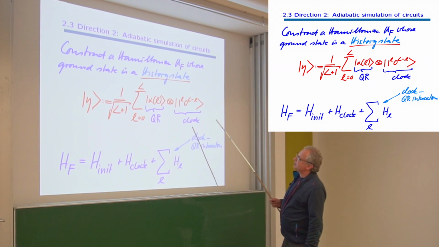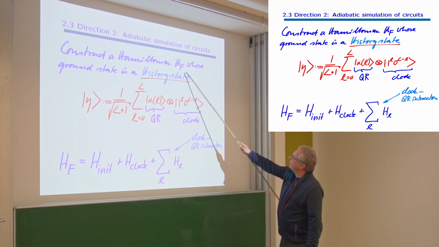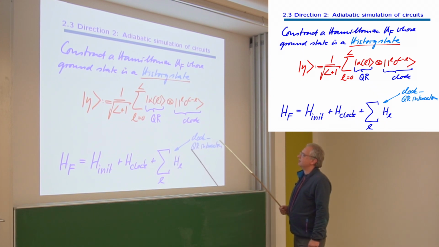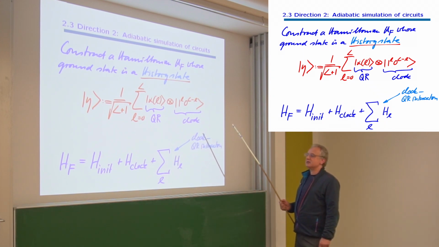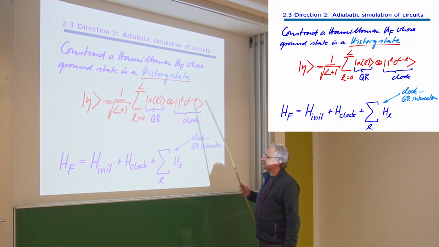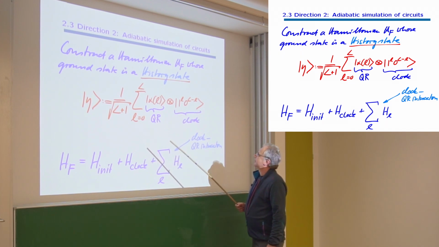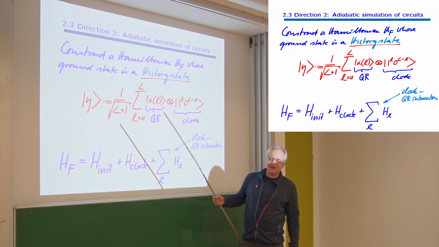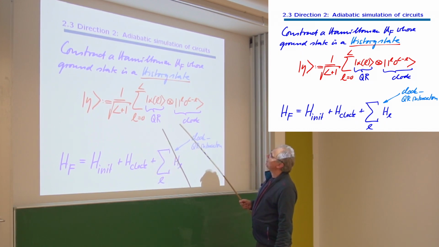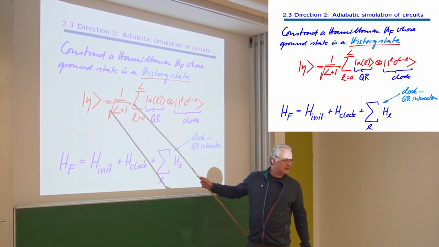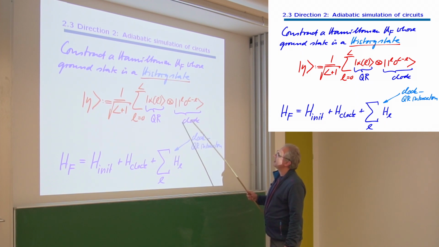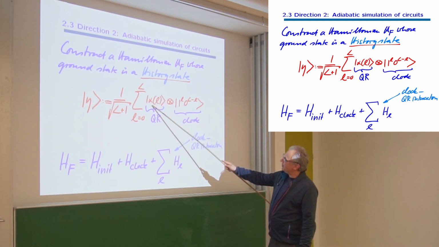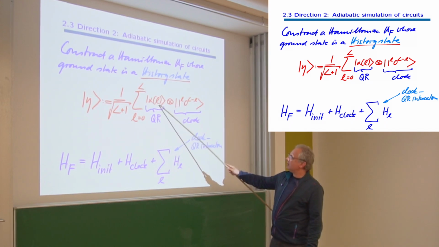What its ground state looks like, the way it simulates the circuit model, it doesn't have in its ground state the final state of the quantum register in the circuit model. Instead, what it gives you is a history state. That's the superposition of the circuit model quantum register at all times.